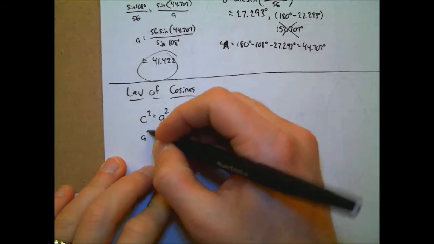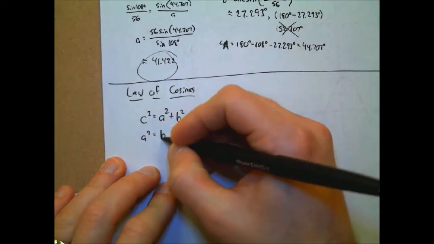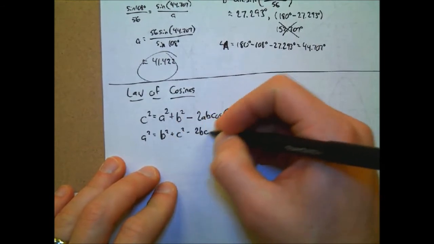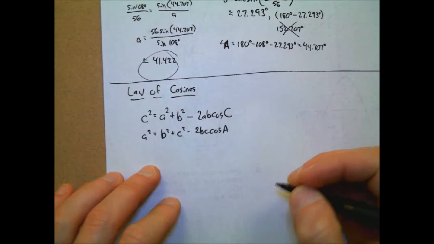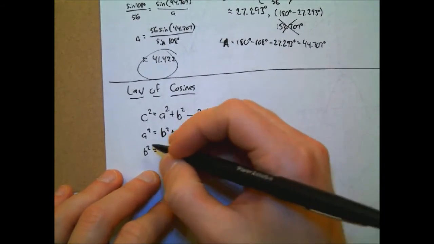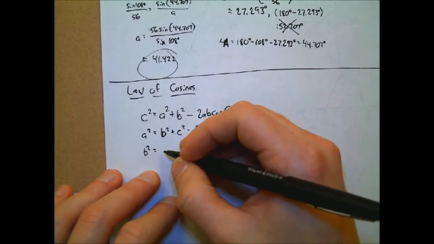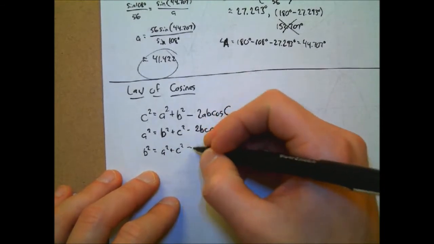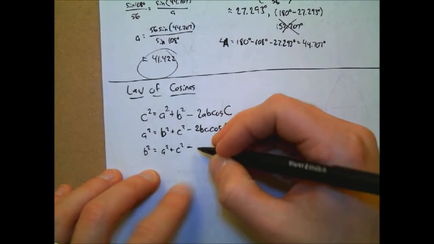So there's this one, where a squared is equal to b squared plus c squared minus 2bc cosine capital A. Sometimes you have to use different formulations based on what you're solving for. And then here, b squared equals... a in terms of the c, and b in terms of the other two. Yep. Exactly.